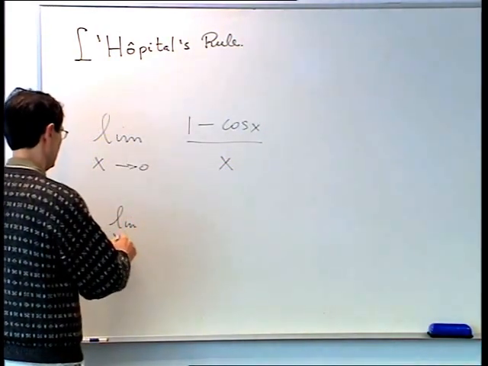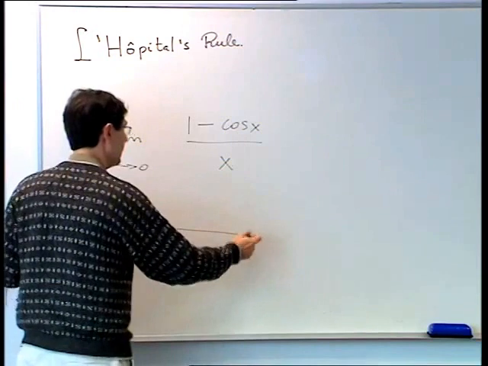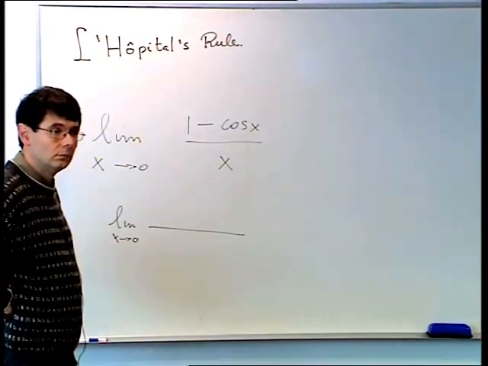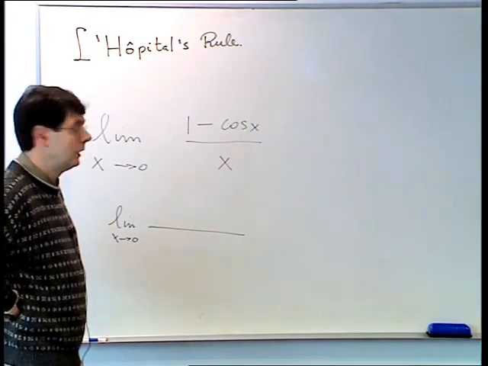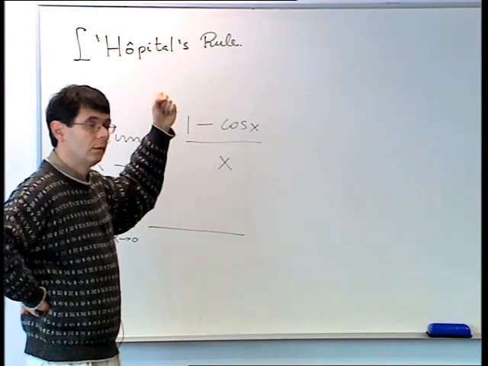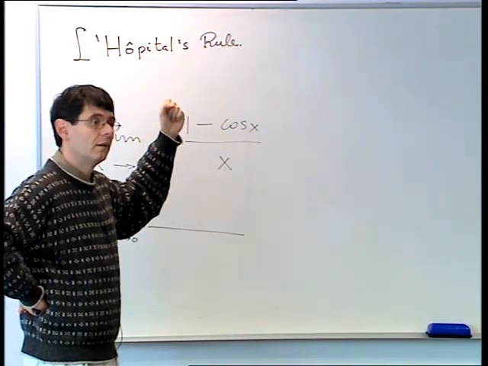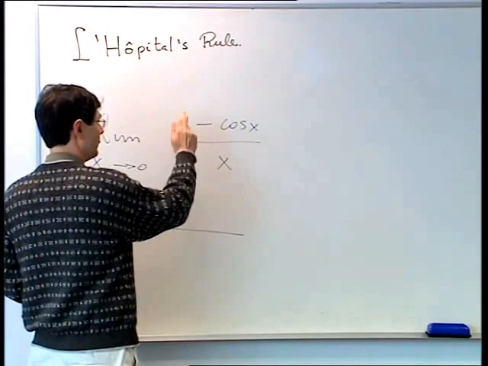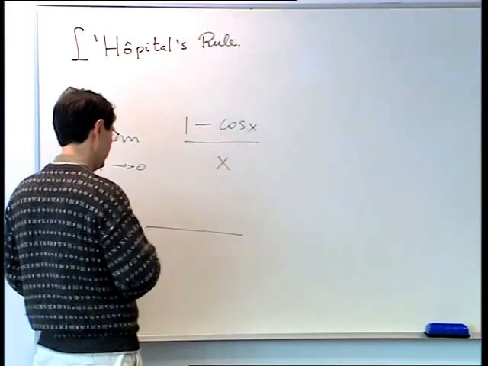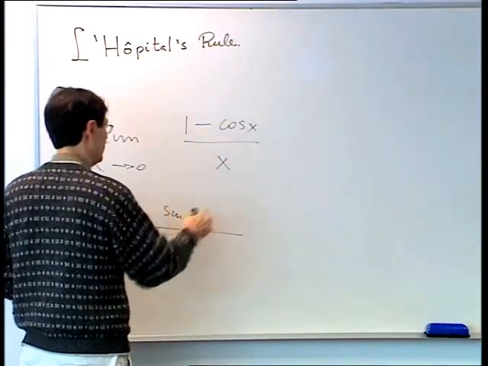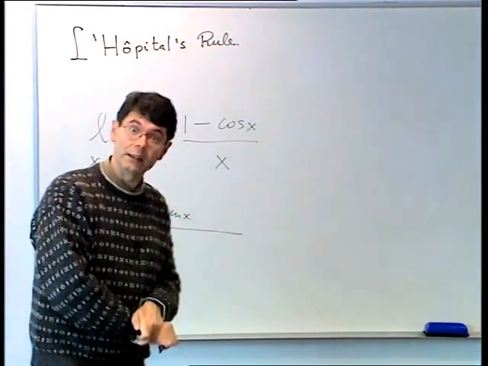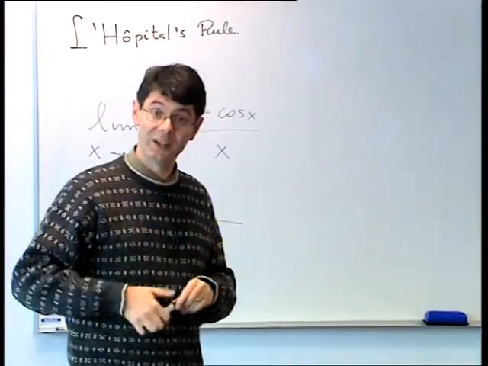Limit when x goes to 0 of. What goes in the numerator? What's the derivative of the numerator? Sine x. The derivative of 1 is 0. The derivative of cosine is negative sine. There's a double negative, so that's sine x. The derivative of the denominator is 1.